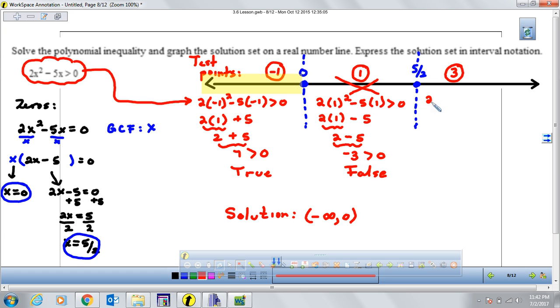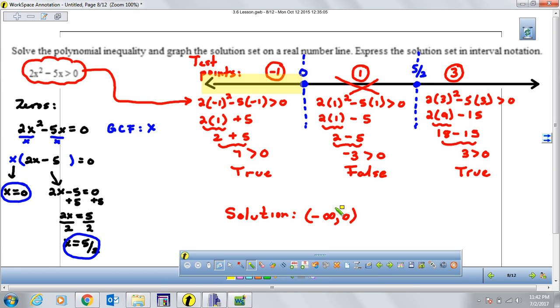Last but not least, 2 times x, which is 3 squared, minus 5 times x, which is 3, is greater than 0. So it's going to be 2 times 9 minus 15, and that's going to be 18 minus 15, which is going to give us a 3. Is that greater than 0? That is also going to be true. So what does that mean?